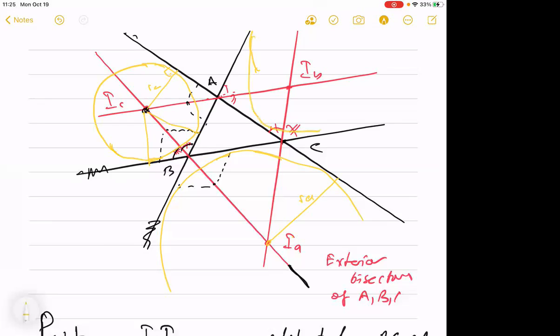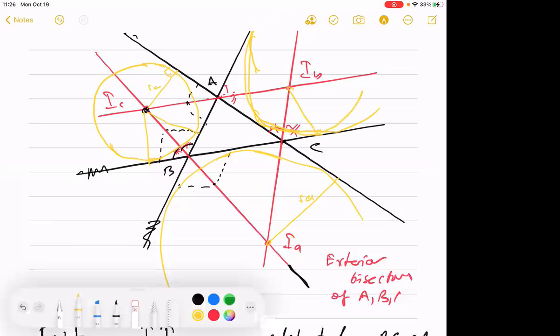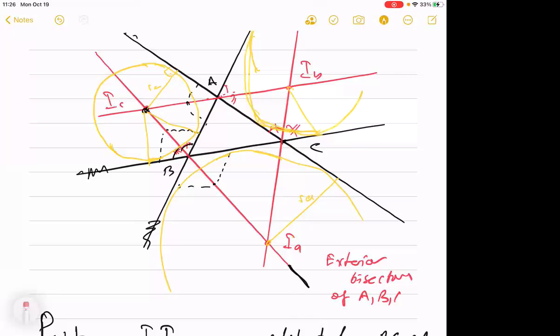It should be tangent. The other one was good, but this is not that good.